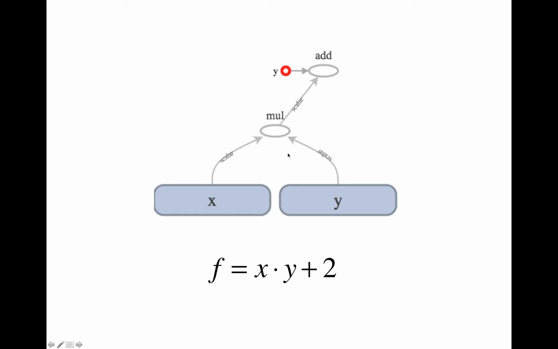So if we choose to execute any one of those nodes inside of this graph, say the add or addition node, then TensorFlow will automatically execute all the nodes that this add node depends upon, including this mult node and also the two variable nodes.